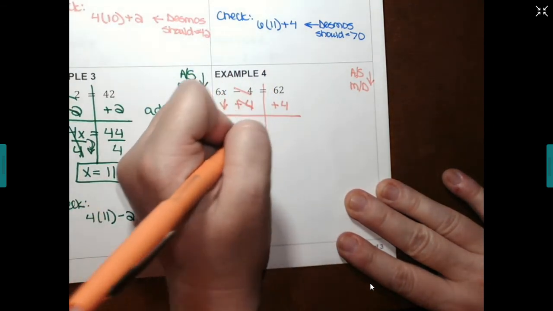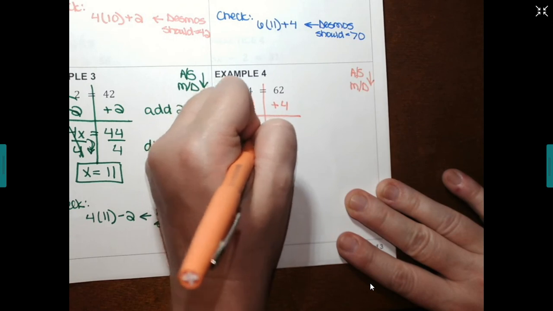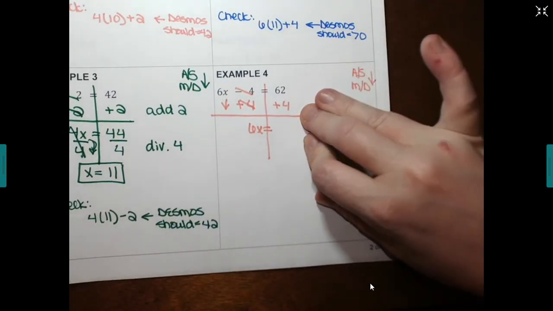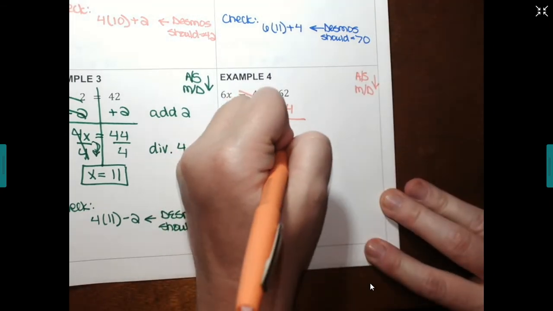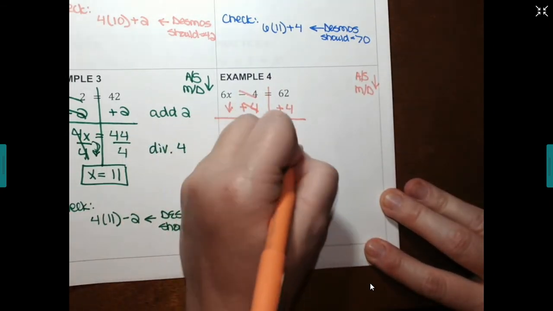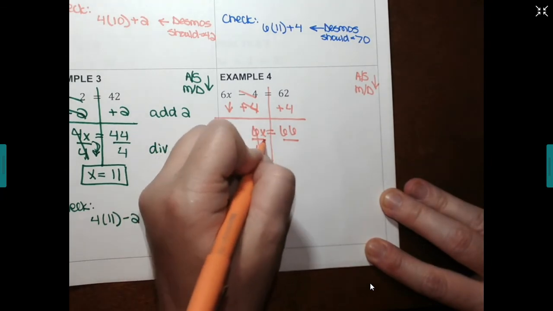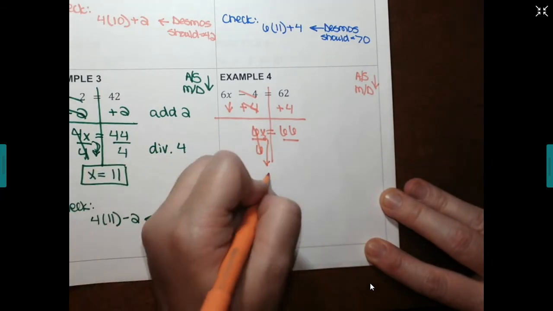That 6x comes down. 6x equals 62, 63, 64, 65, 66. I have 6x, so I can divide by 6. That x comes down.